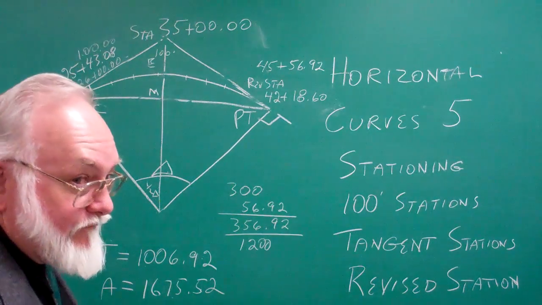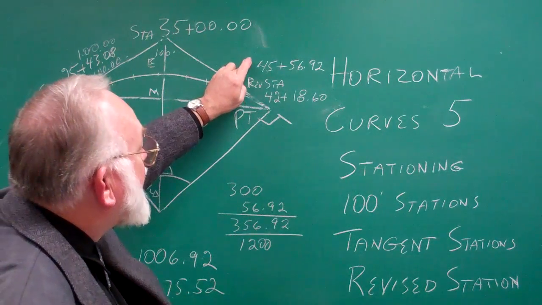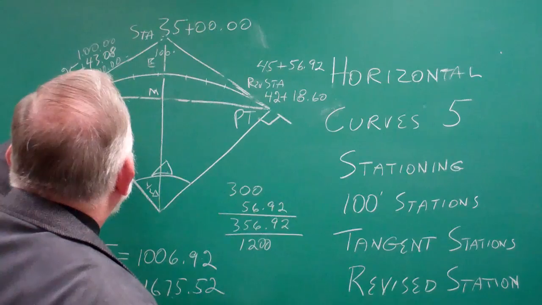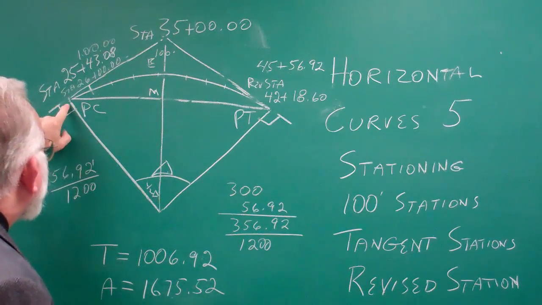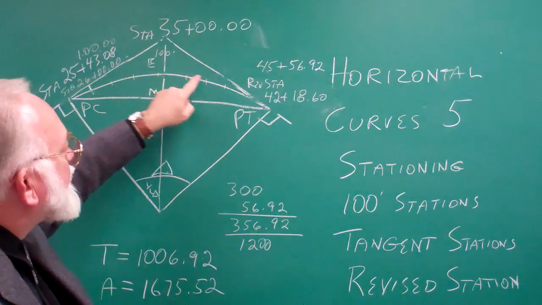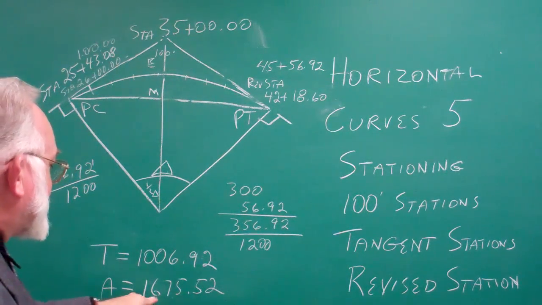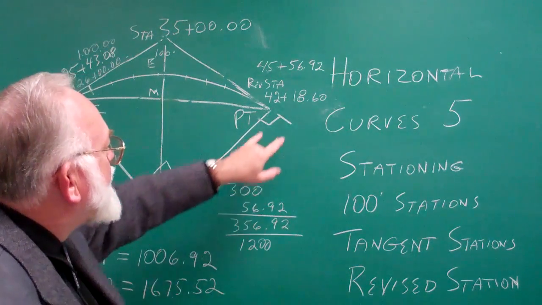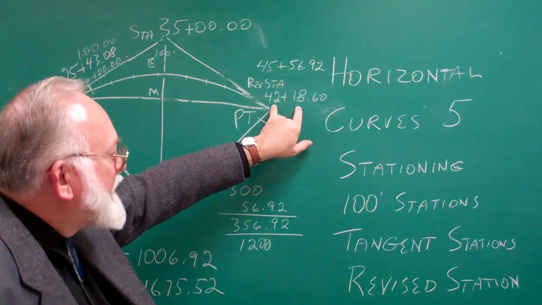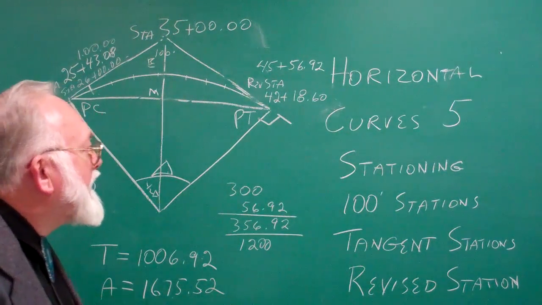And if it comes up bigger than your tangent station, you made a mistake. So you start with the stationing for this point, add your arc length, and that's 1675.52, and you come up with a revised station of 42 plus 18.60.